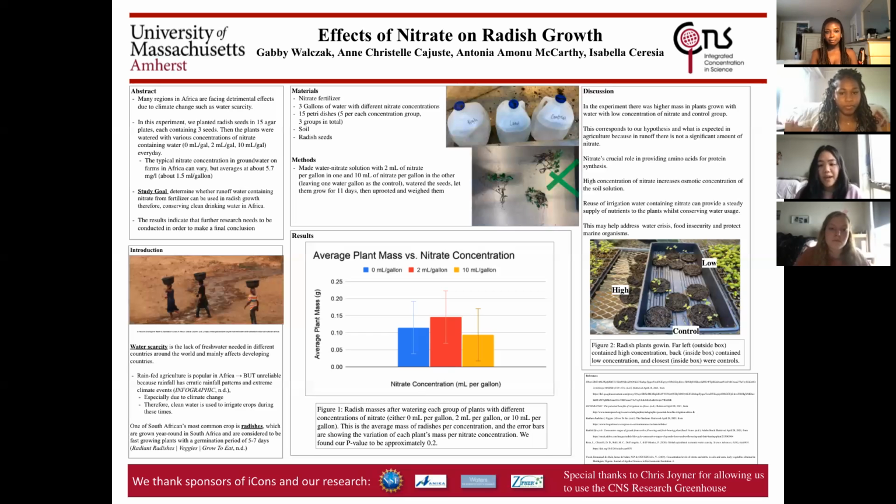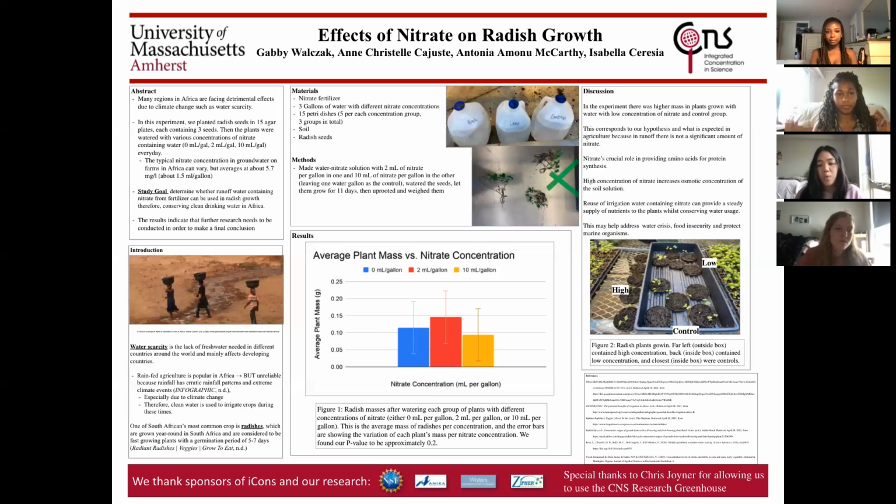What we found is that most of the crops that they have are irrigated through precipitation. However, due to climate change, weather patterns have become more erratic and unpredictable, and it's hard to predict the weather and precipitation. Therefore, this has become an issue for crop irrigation.